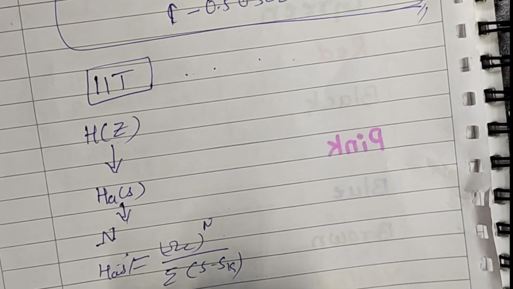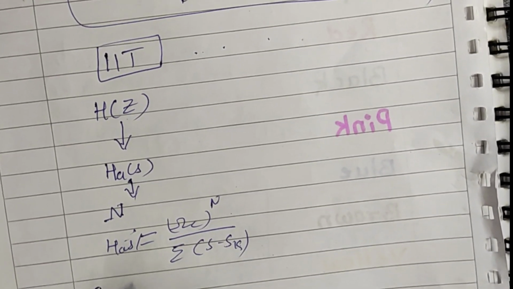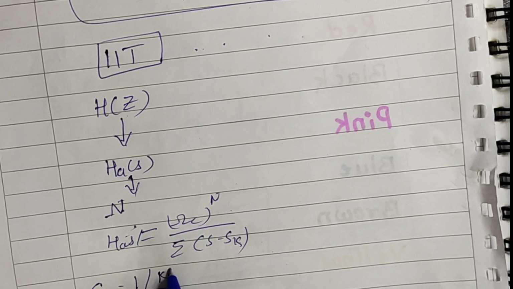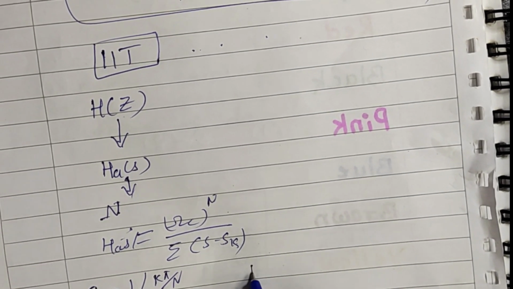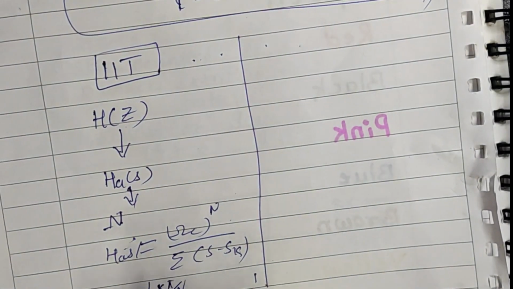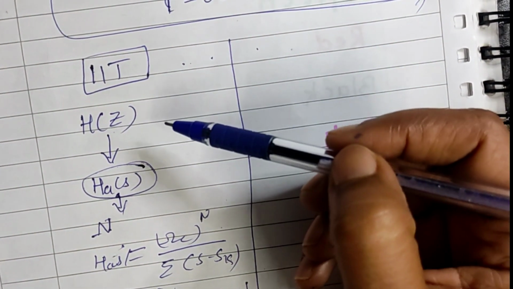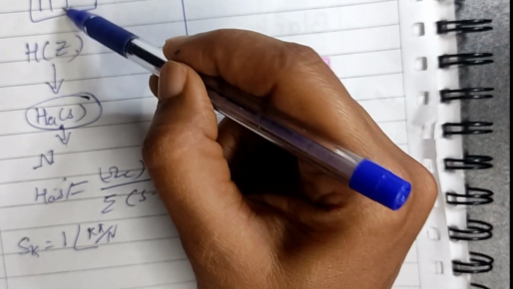If n is odd, we use 1 at an angle k pi by n, and if it is even, we use another formula, and then form ha of s.